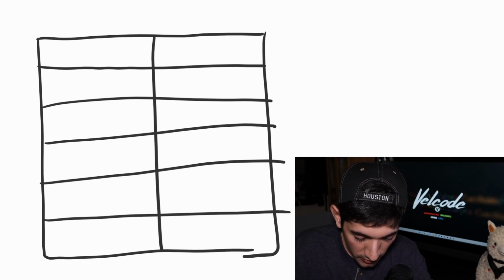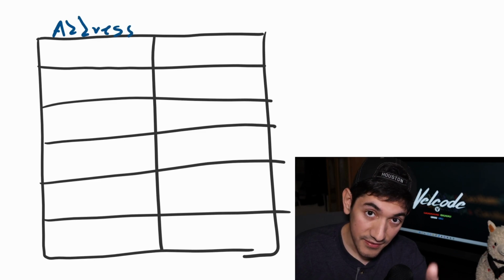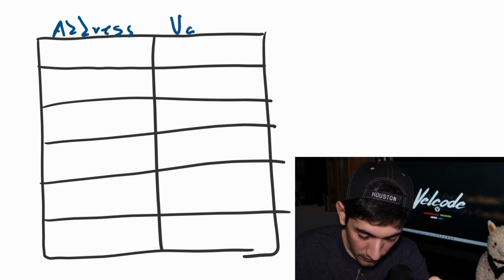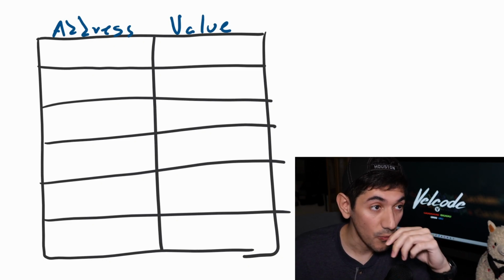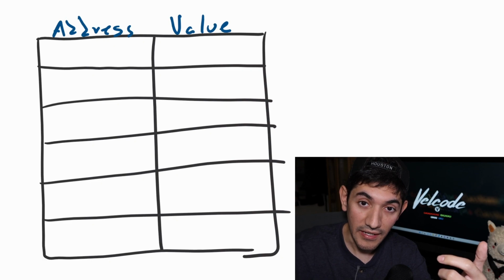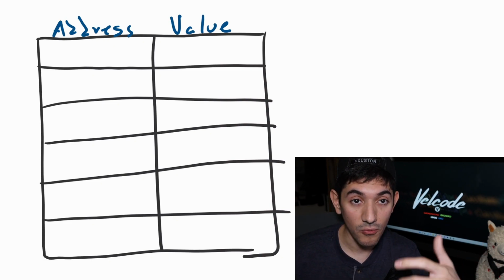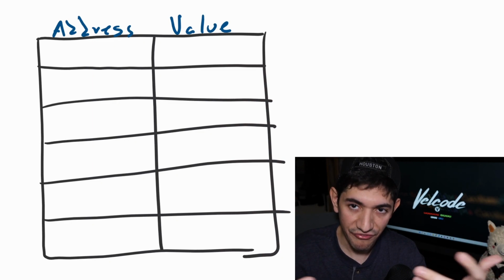And the first column is called an address. And the second column is the actual value stored in that address. So when you create a variable, that value in the variable will be put in one of these right columns, so in the value column. And that variable will have a particular address where you can find that variable.